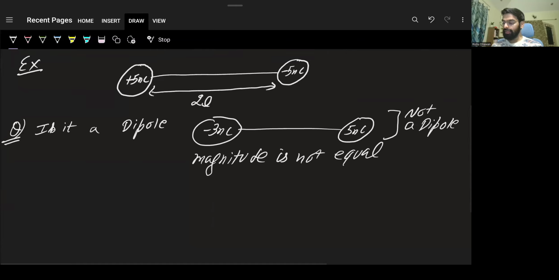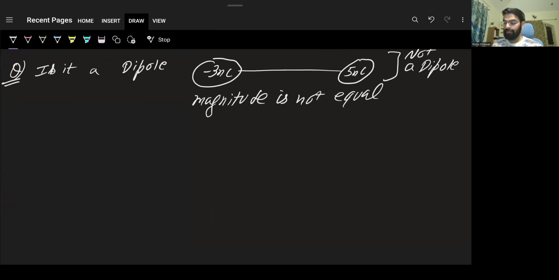Now we will come to the next thing, dipole moment. How we define it? First we will define it, then we will see what it represents, how it represents, and what it means.